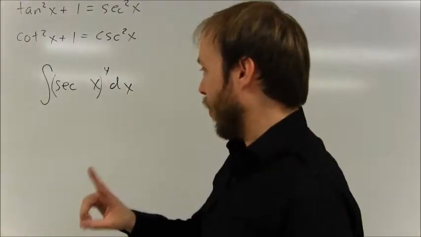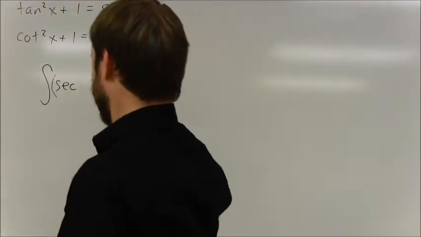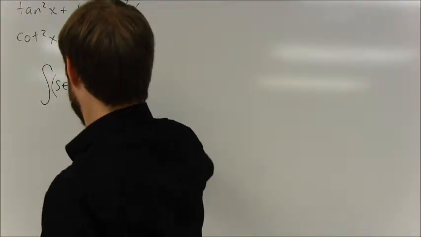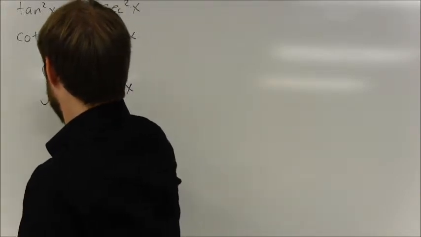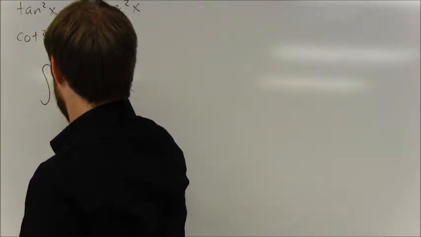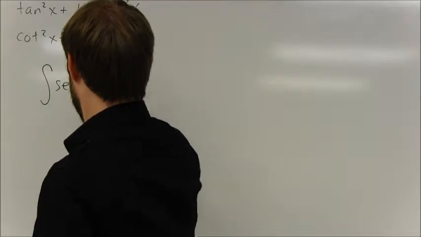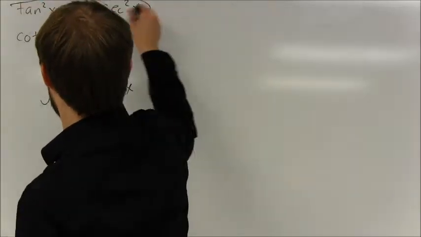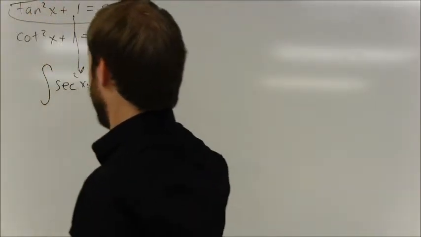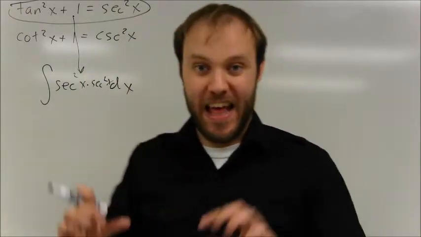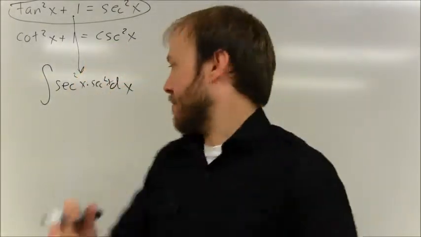So I'm going to borrow one of the secants. I'm basically going to rewrite this as secant squared of x times the secant squared of x. And I'm going to replace one of those with this value right here, okay? Again, that sum needs to go in parentheses.